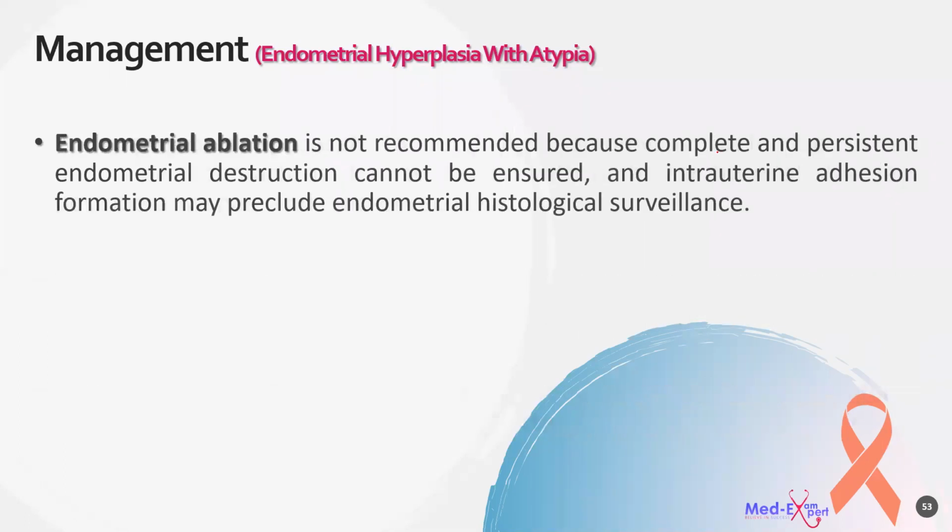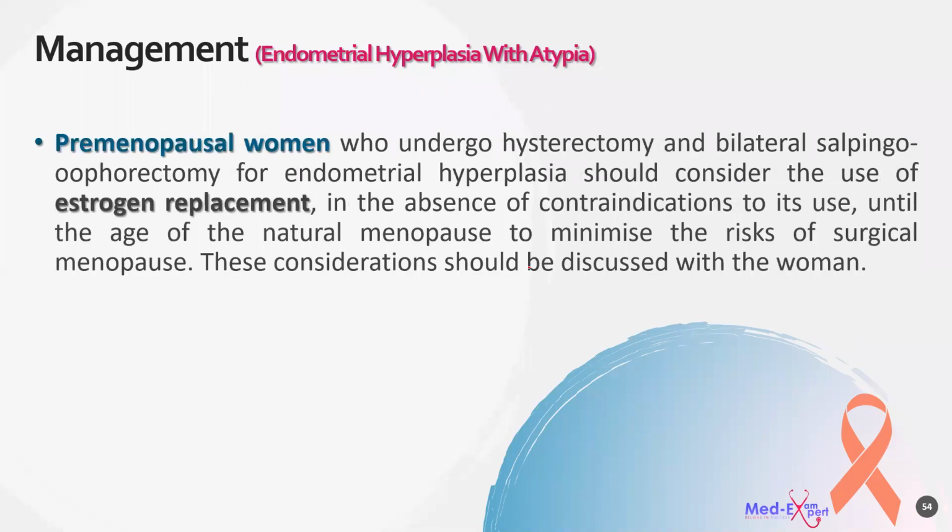Also, endometrial ablation is not recommended, as it precludes endometrial histological surveillance. If the patient wishes to preserve her fertility, or a premenopausal woman accepts to have hysterectomy done, what are we going to do?